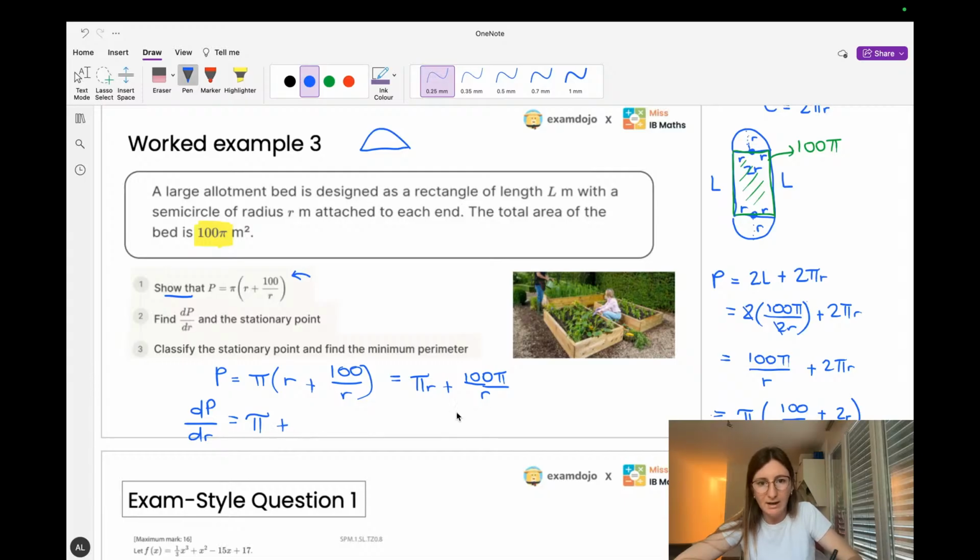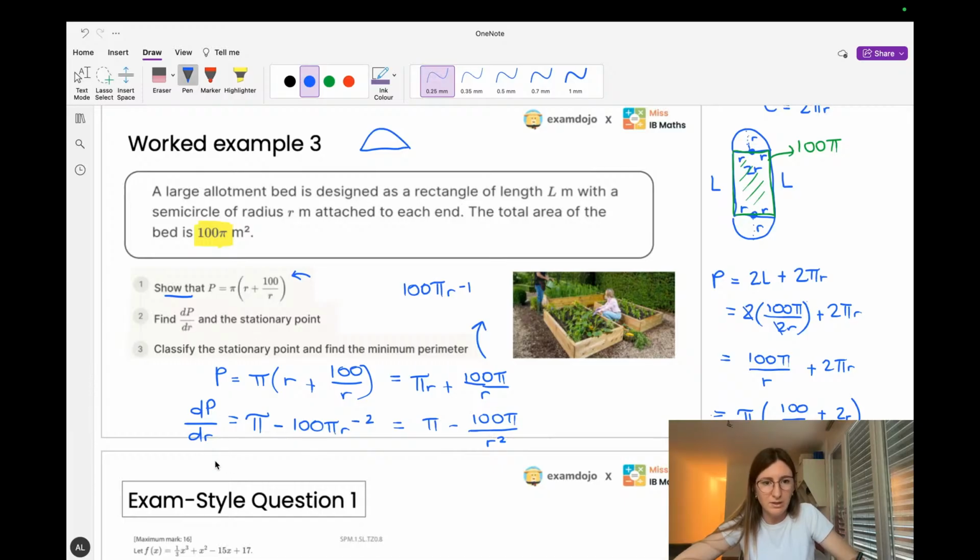Then I need to write this as 100 pi r to the power of minus 1. So I get minus 100 pi r to the power of minus 2. And there we go, I have my derivative. Let me also write it back in its nice form: minus 100 pi over r squared.